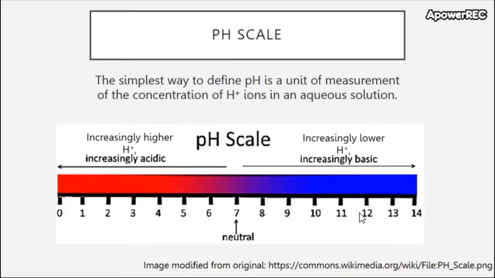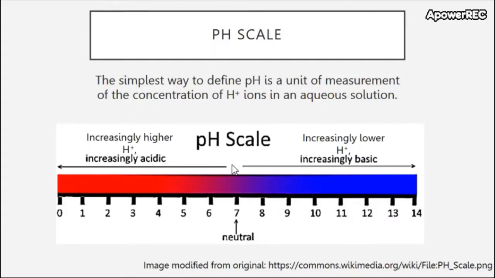And the higher you go, the more basic it becomes. A typical pH scale is between 0 and 14. Now, the lower you go from 7, the more acidic it becomes. So a pH of 0 is extremely acidic, much more acidic than a pH of 5 or 6, right? And so on. So in a way, 11 is more acidic than 12, but 11 and 12 are both considered a basic solution because they're both above neutral.